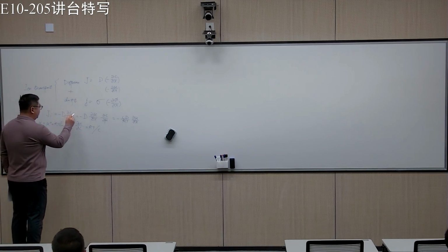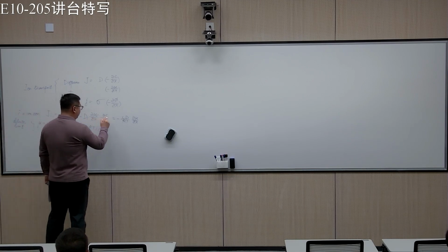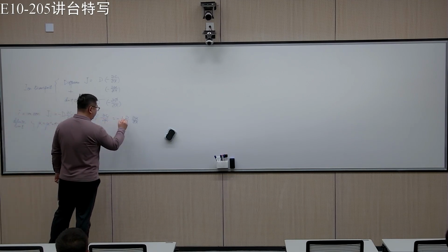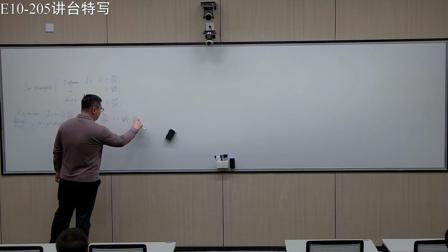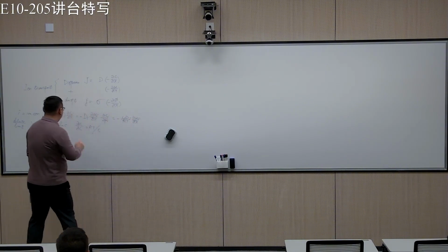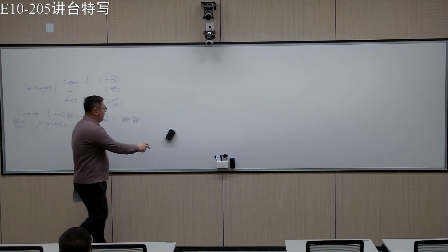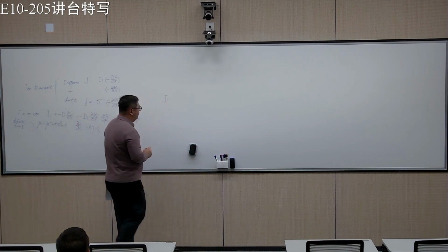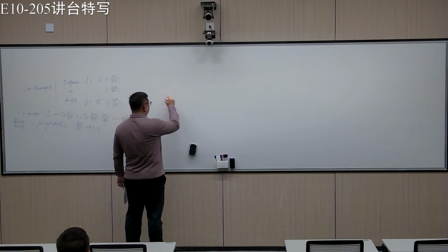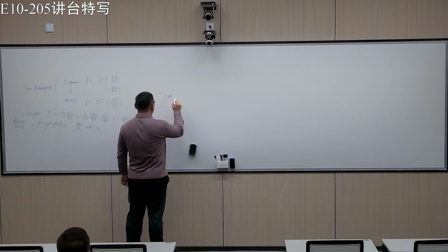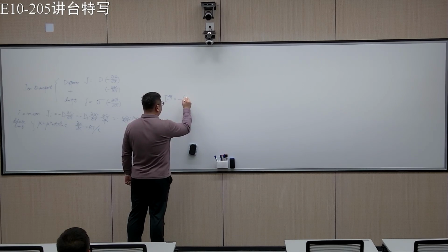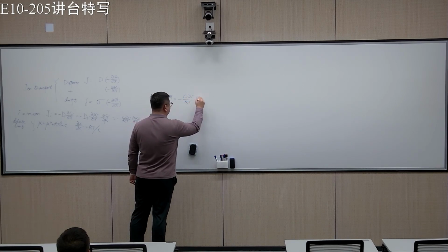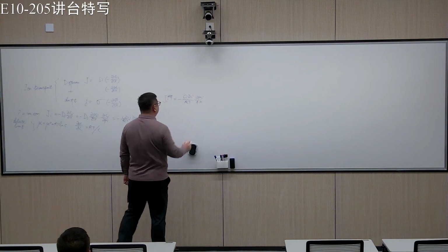So again, for diffusion, J_i diffusion would be minus D_i C_i over RT partial mu_i partial X.